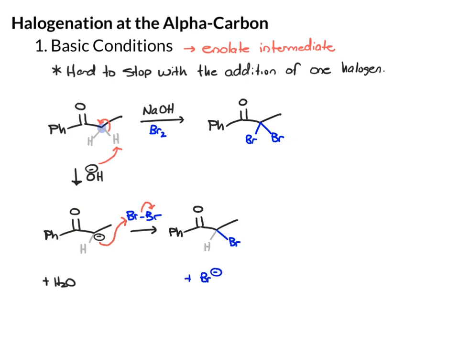But going back to the statement that we started with, it said it's hard to stop with the addition of one halogen. Well, the reason behind that is we have these alpha protons here that are relatively acidic. We'll say a pKa close to 20. When you add a halogen at that position, now this remaining alpha proton is even more acidic.